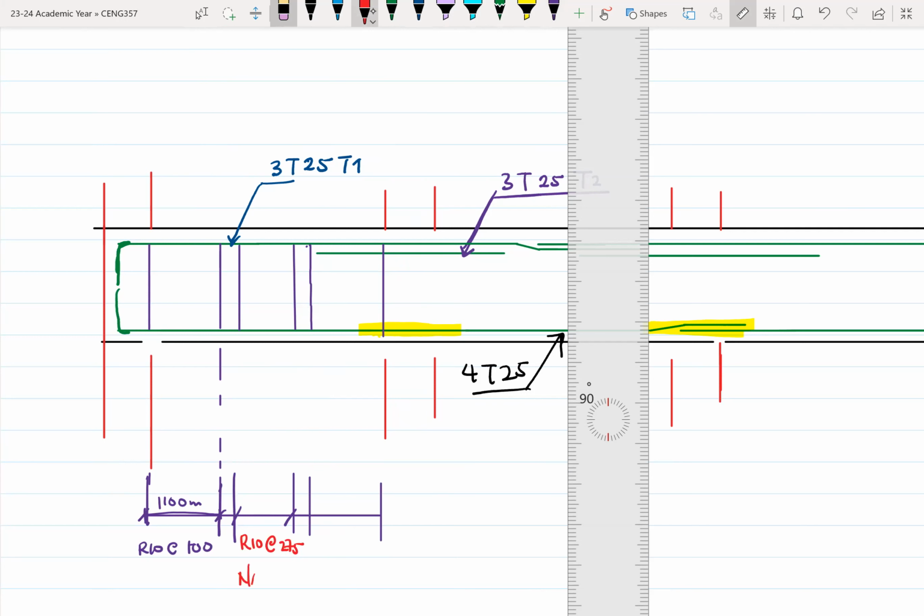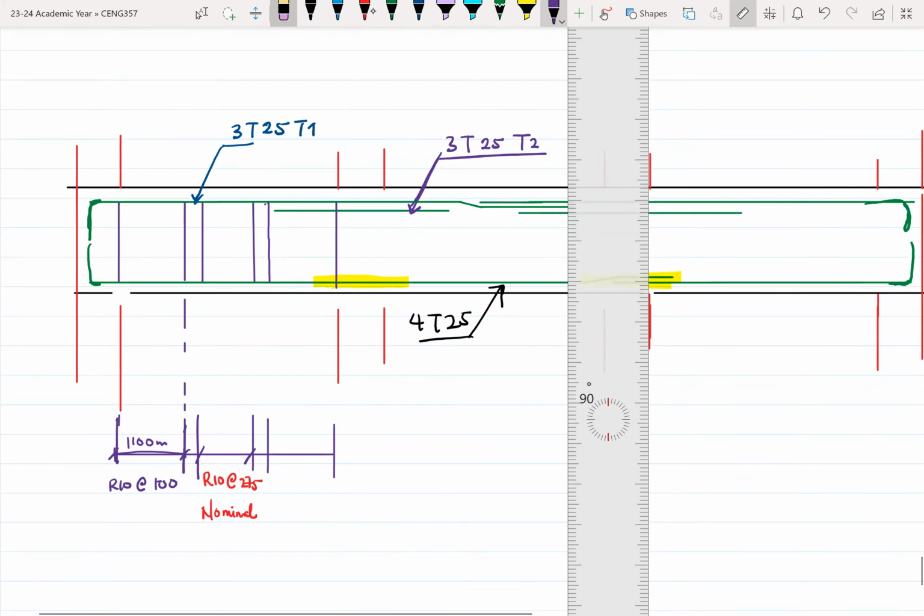This is nominal. Then on this side is where we have the 0.6. So the 0.6, we got R10 at 90.